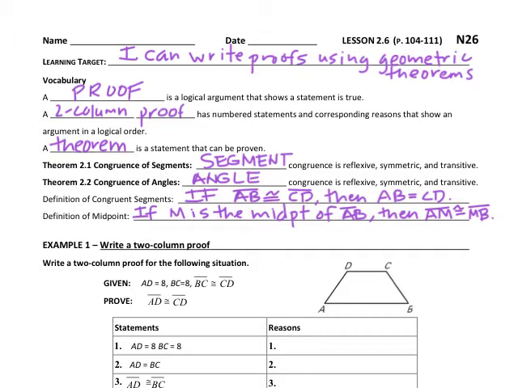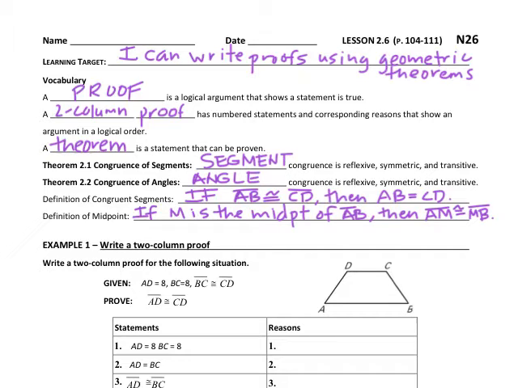The vocabulary at the top of your note sheet. A proof is a logical statement that shows a statement is true. So we're going to be writing proofs, and specifically we're going to be writing 2-column proofs. Similar to what we did in lesson 2.5, we're going to have some statements on the left, and then we're going to give some reasons on the right.